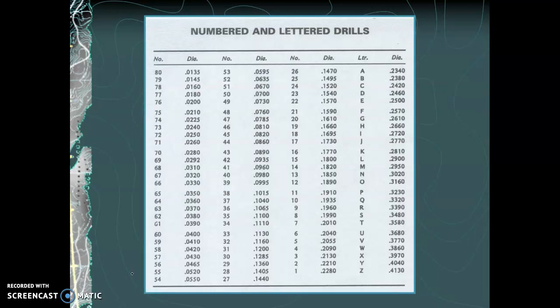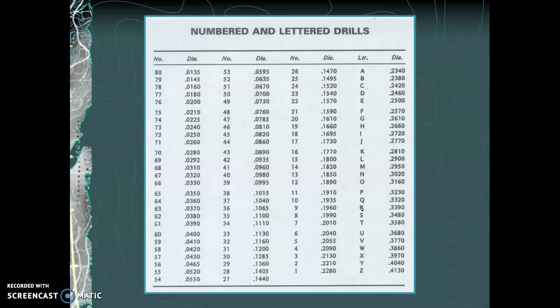Here is a chart that shows all of those drill bit sizes that are designated with numbers or letters. They go from 80 up to 1. These drill bit sizes are meant to fill in the gaps in between the various fractional sizes, and you can look them up on a chart like this.